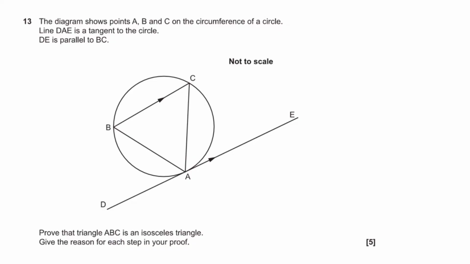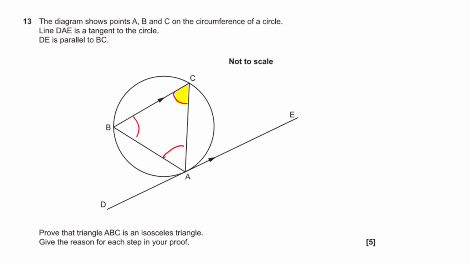Okay, so what do we know? Right, so this triangle ABC is going to have 3 angles, isn't it? It's going to have one here, one here, one here. Now, this one up here, what do we know about it?